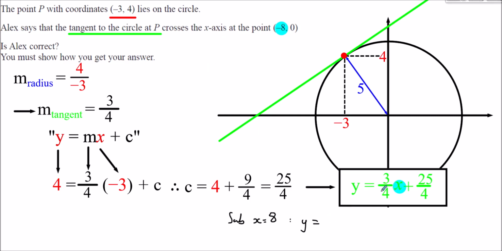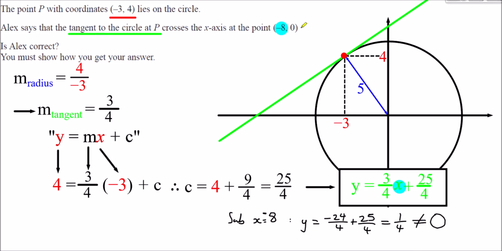Y is going to be 3/4 times minus 8, which will be minus 24 over 4, plus 25 over 4, which gives a quarter, which is not equal to the 0 that Alex said it would be.